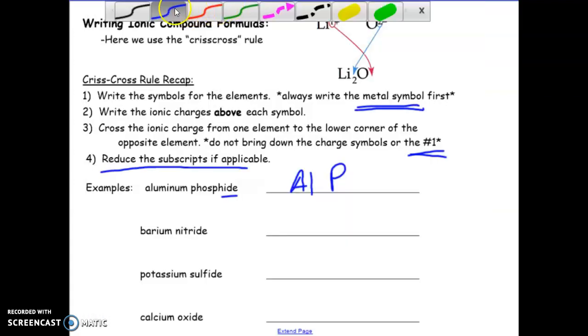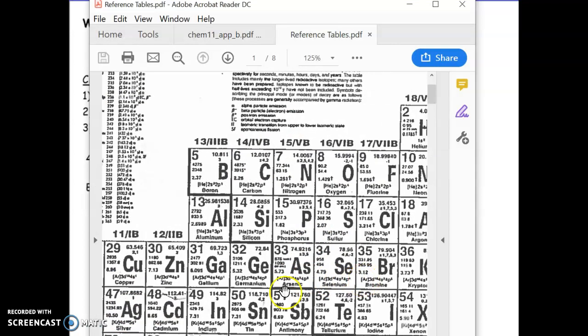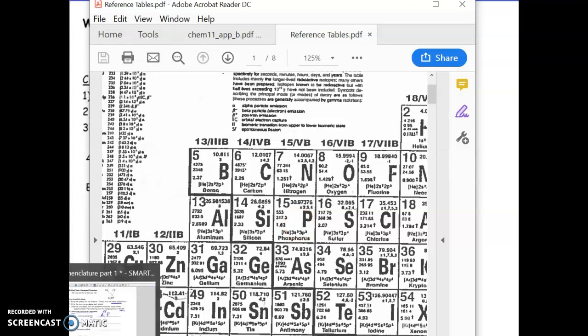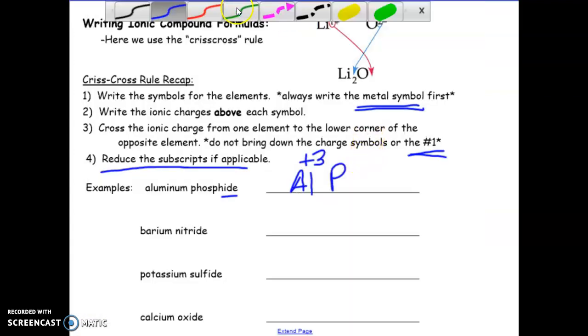So the charge here would be a +3. Now phosphorus is in group number 15. It has 5 valence electrons, which means it will have to gain 3. It's a non-metal, so it's gaining. Gain 3 in order to have its stable octet. So when we're writing our charge here, this would be a -3.